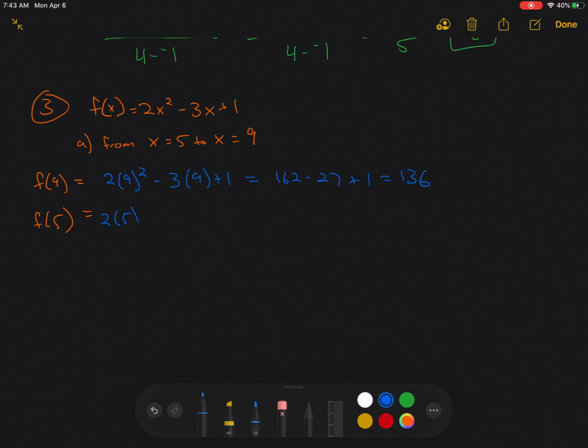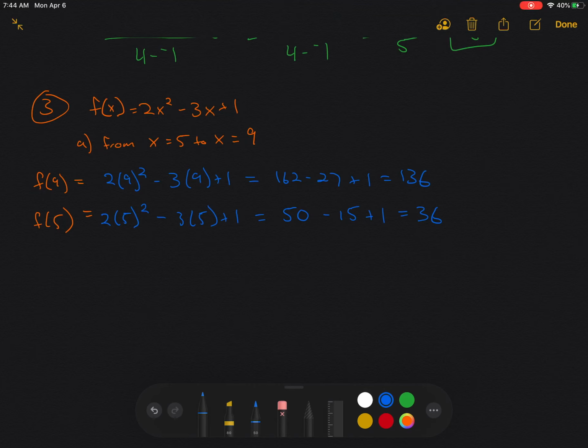For our f of 5, you get 2 times 5 squared minus 3 times 5 plus 1, which equals 50 minus 15 plus 1 equals just 36. All right, so now we got all our pieces.